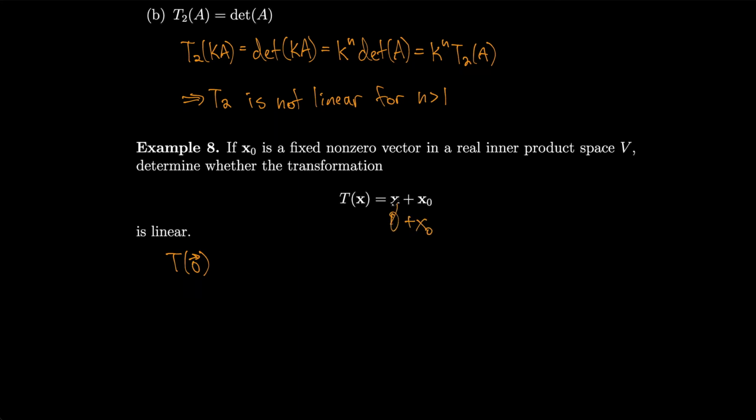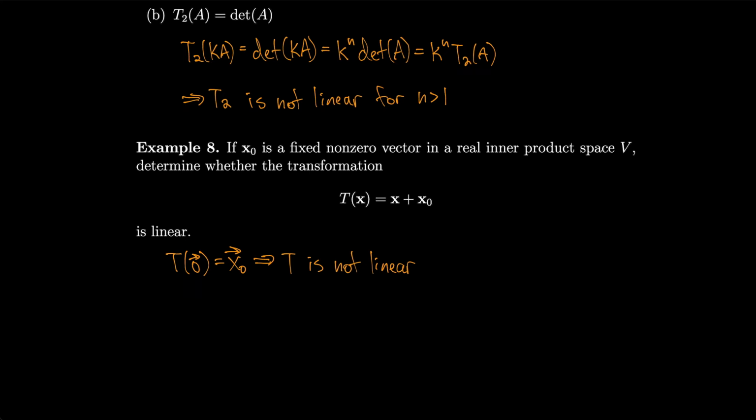If I plugged in 0 for x, x0 is a fixed vector, so it doesn't change. So T of 0 would be x0. And x0 is non-zero, so T of 0 is not equal to 0 in this transformation. So the transformation must not be linear, because T of 0 has to be 0 for linear transformations, as we've seen.